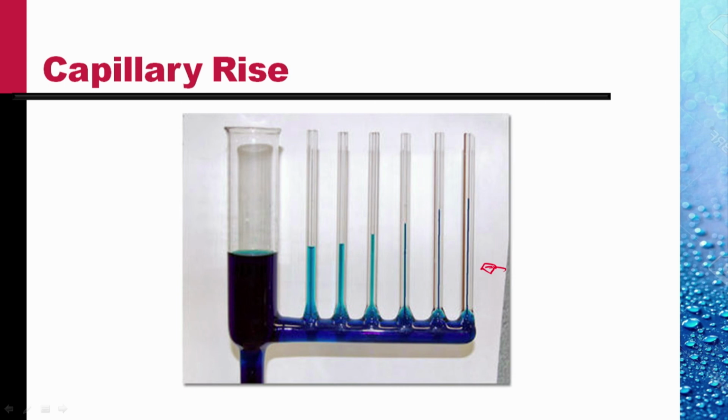And you see the blue liquid rises up in this tube beyond the level contained in this tube. The liquid is not maintaining its level. The liquid is rising up, and rising up more in tubes with a smaller bore. Tubes with very small bores are called capillaries, and so the phenomenon is termed capillary rise or capillarity.